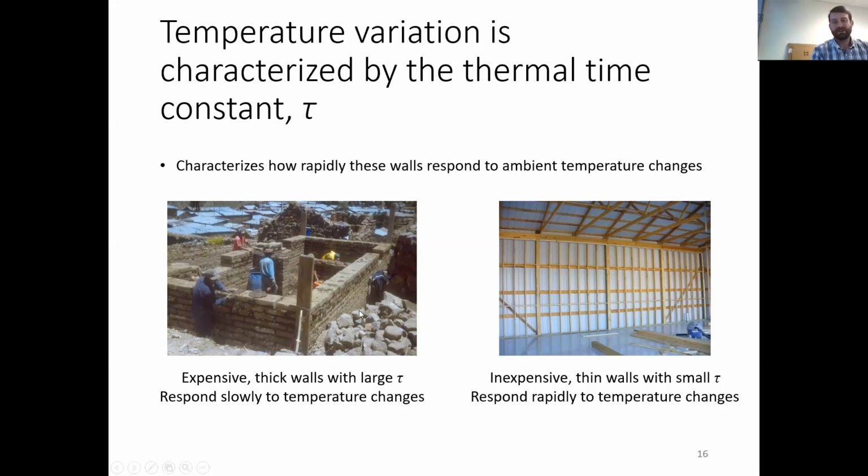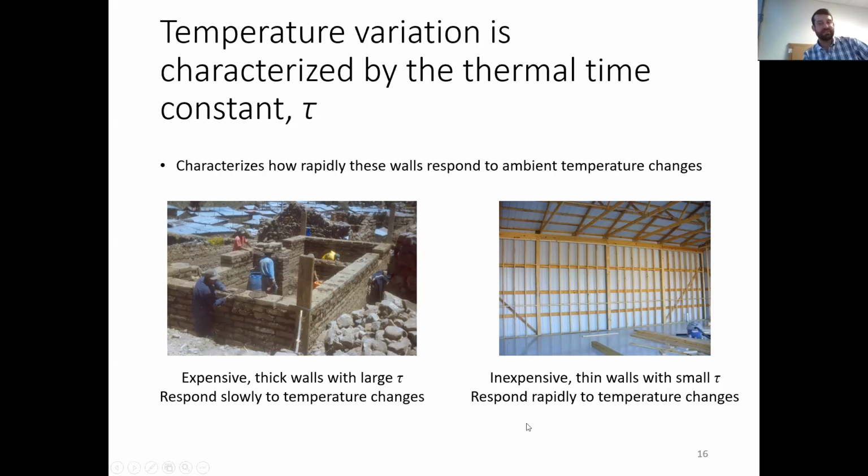And so during the heat of the day in the Southwest, it might be 35 degrees Celsius outside. The walls and the interior of the house may only be 27 degrees Celsius. And then during the evening, when it cools down and it gets cold outside, these walls also then retain their heat, okay? And so it might be 20 degrees outside, but it could be like 27 degrees inside. And so these expensive thick walls have a buffering effect on temperature, which is driven by this thermal time constant.